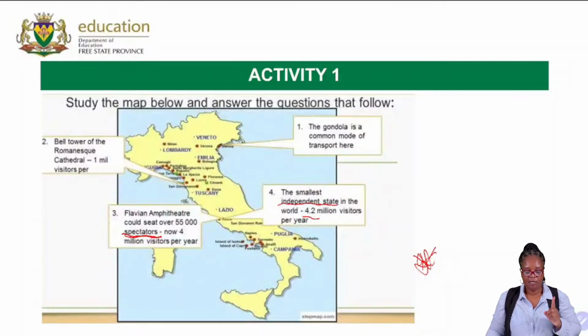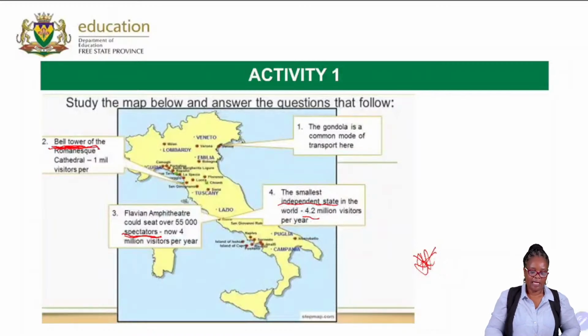So if you got that, that's good. The second one, we say that this is the bell tower. It just gives away from the word bell tower. It's a tower, and what tower have we done? The Leaning Tower of Pisa is the one that is a Roman masterpiece.